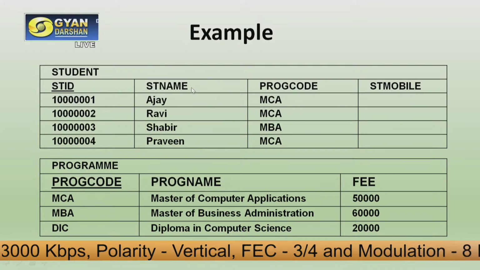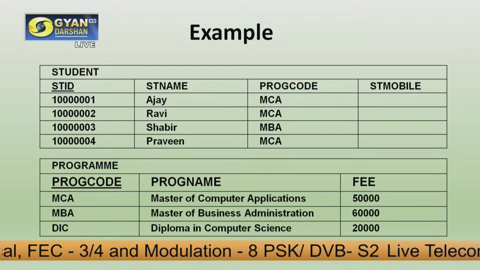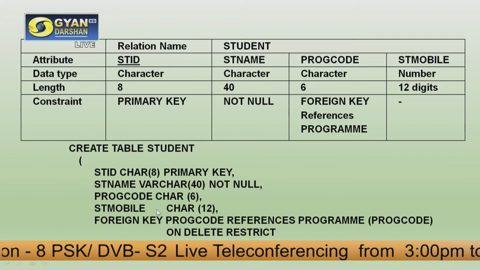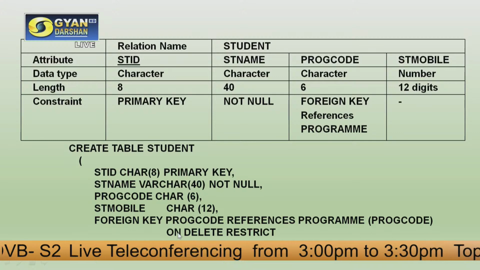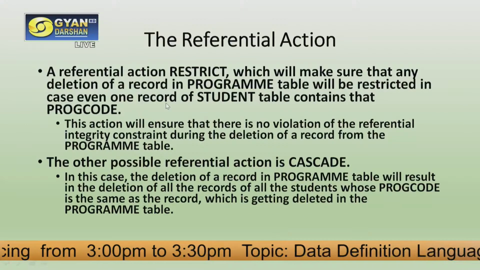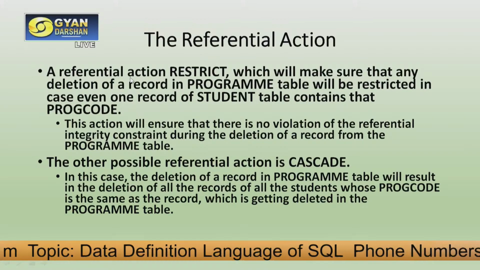Right? So this is the way you handle the referential constraint. Now, what is the referential action which we were talking about? The referential action was over here: on delete restrict. There are two basic referential actions which we want to explain to you.